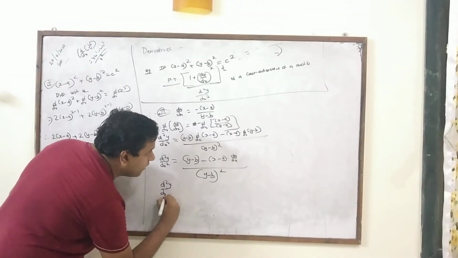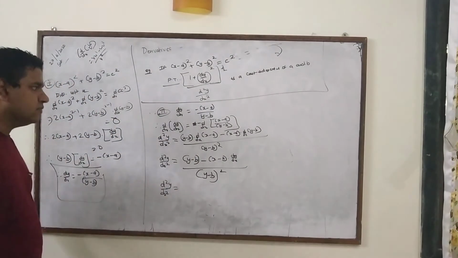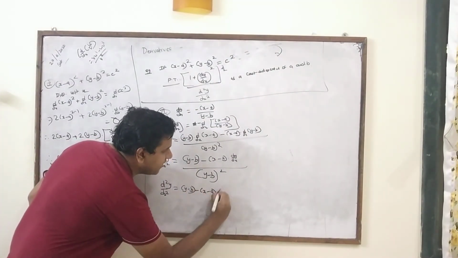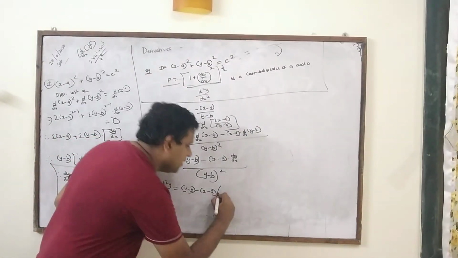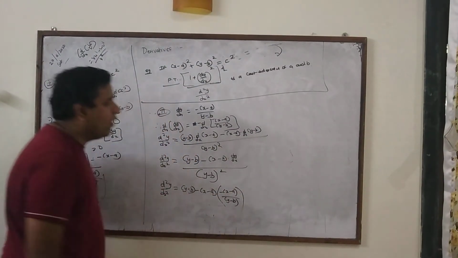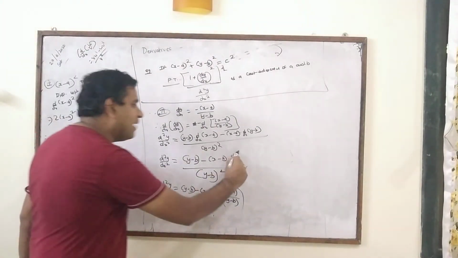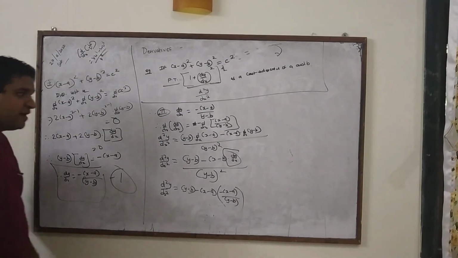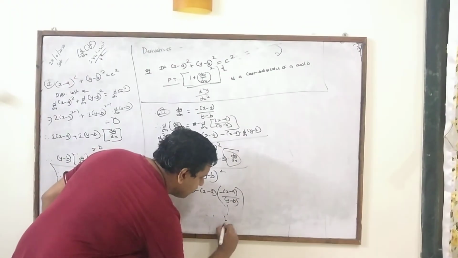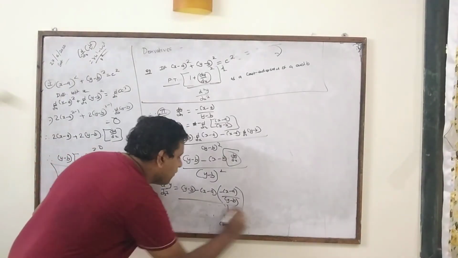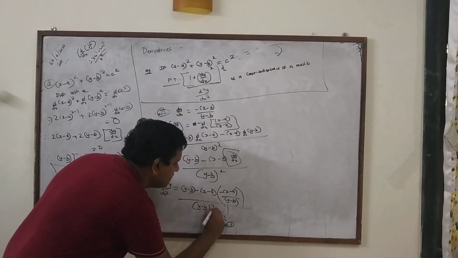D square y by dx square is equal to (y minus b) minus (x minus a) into minus (x minus a) upon (y minus b). What have I done? I've just replaced dy by dx by statement 1, with my finding from statement 1. The whole upon (y minus b) the whole square.